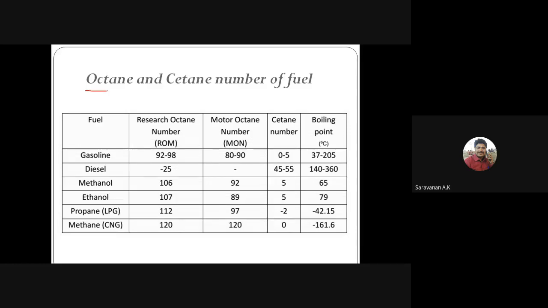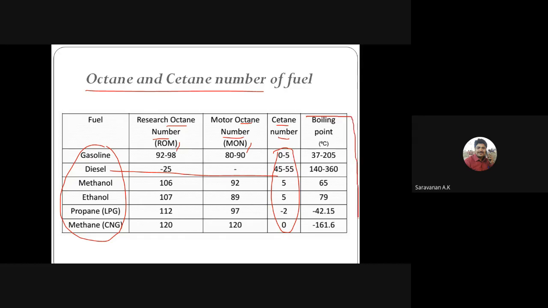Here you can see the research octane number and the motor octane number for the different fuels. Generally the cetane number is for diesel engines, right?